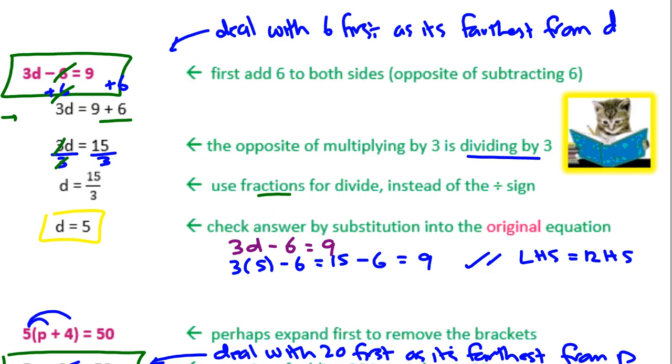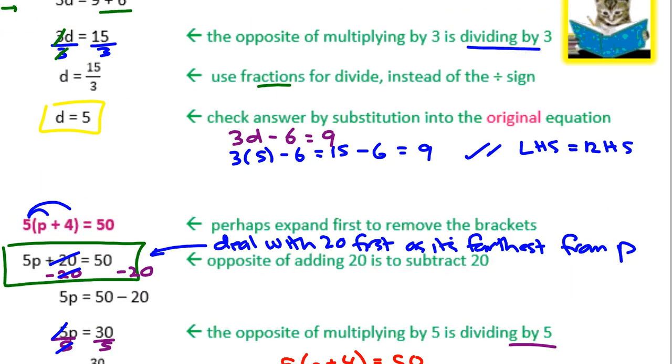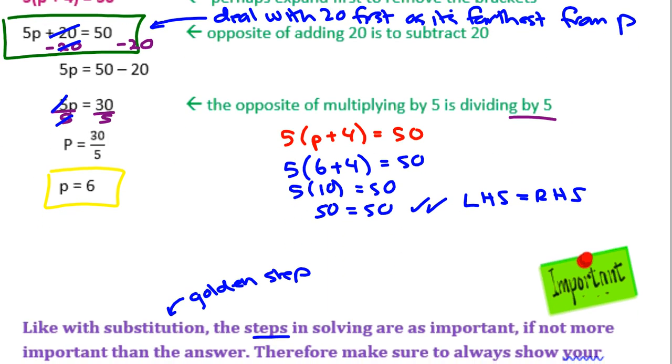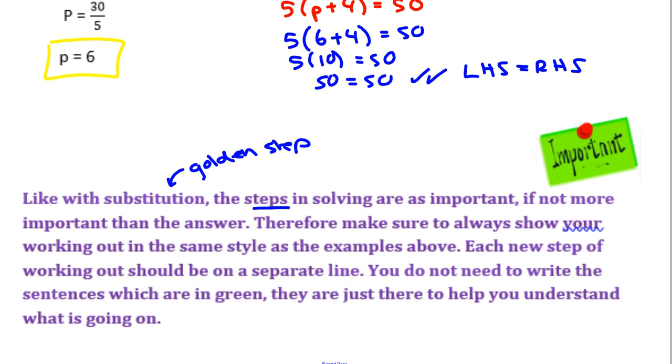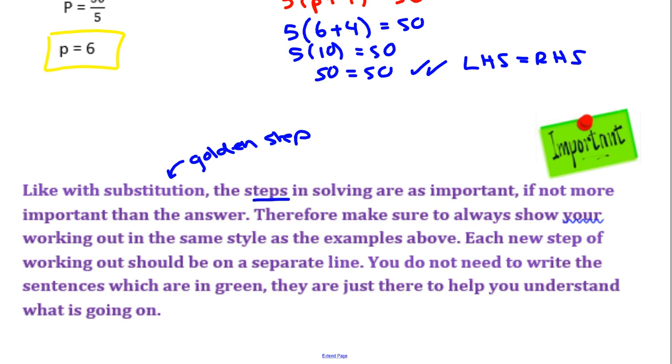We don't care that you can do that in your head. That's not something we're interested in knowing. It's great, but this is not a number unit. This is an algebra unit. We're trying to learn a language here. So we need to see the language written out nicely and correctly and elegantly. So the steps are as important, if not more important than the answer. Therefore, make sure to always show your working out in the same style as in the examples above.